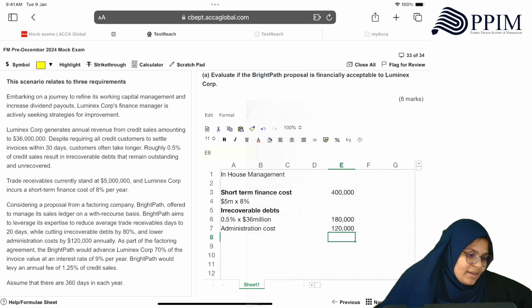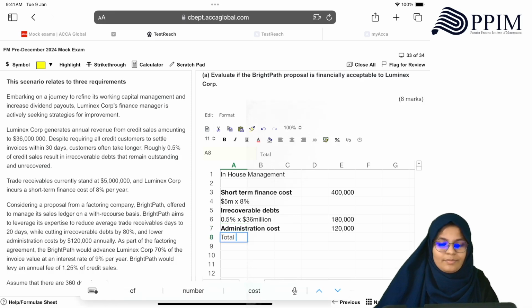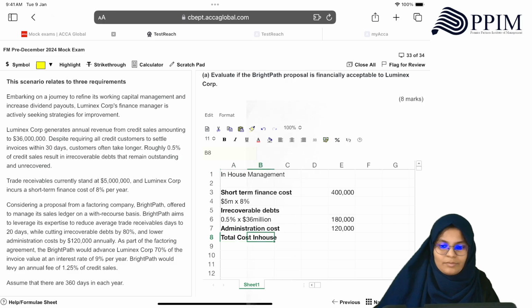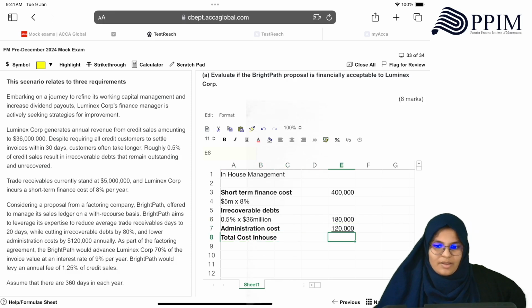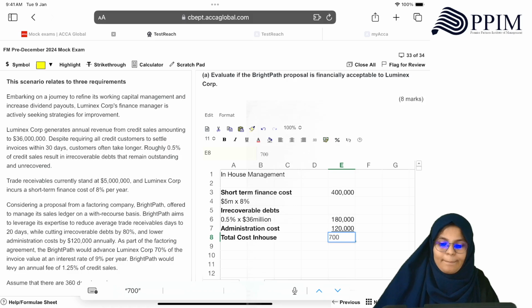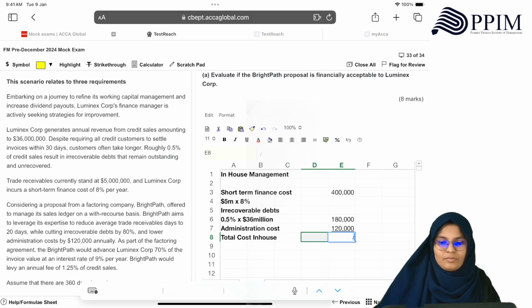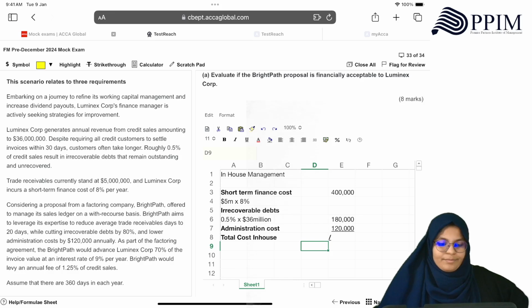Is there anything else? That's all I will have to incur. So total cost in-house, take a total here: 400,000 plus 180,000 is 580,000, plus 120,000, 700,000.